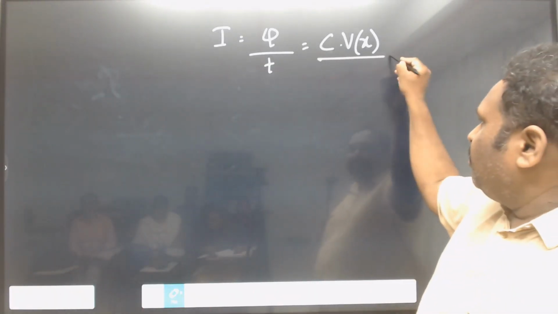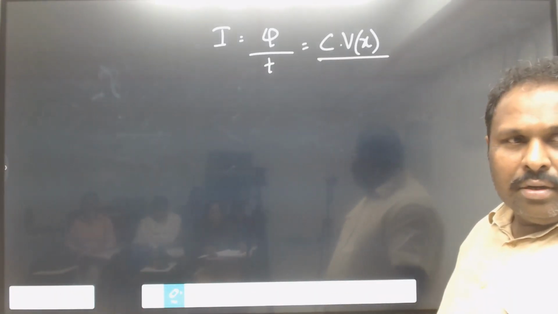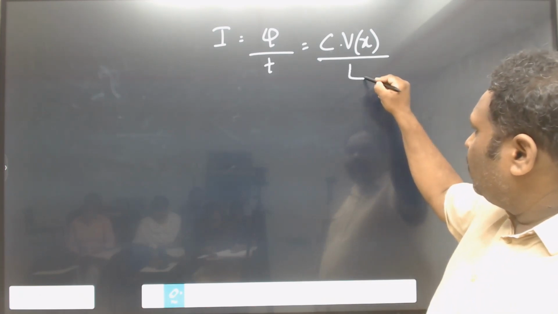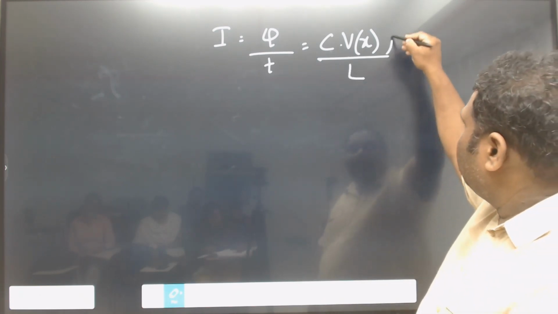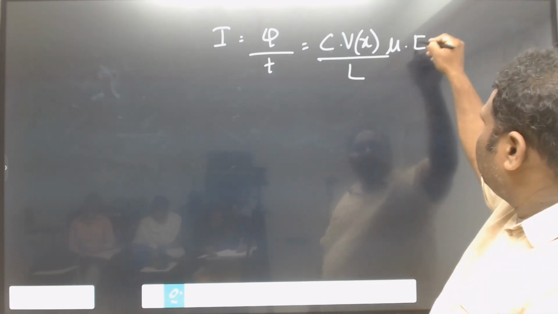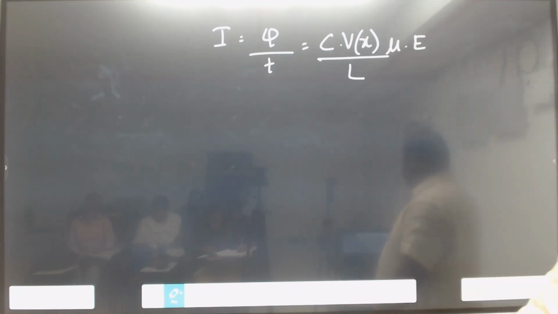And what is time? Time is length by velocity, mu into electric field. So what is I equal to? Q by T, which is C into V of x, by L into mu into E.